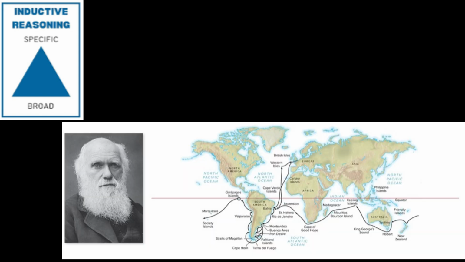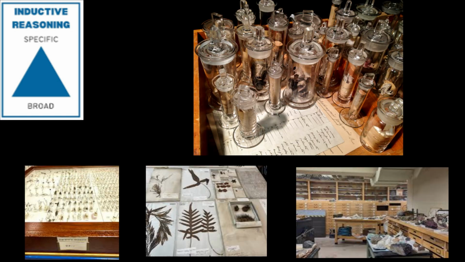Inductive reasoning uses specific and limited observations to make generalizations. A famous example is Charles Darwin's development of the theory of evolution by means of natural selection, based on the observations that he made on the trip around the equator on the HMS Beagle and other fossilized and living specimens collected by himself and others.